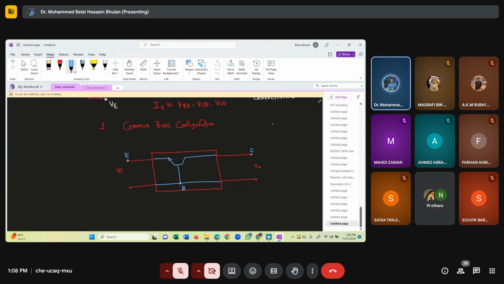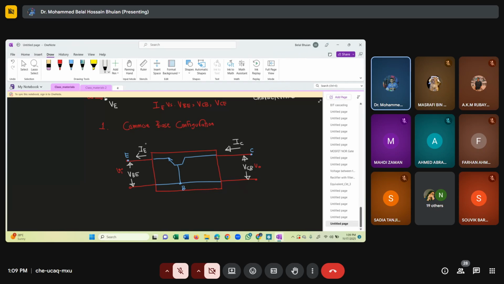Now in the input side, we have an input current, which is our emitter current, and input voltage, which is our VBE. Then in the output side, we have our collector current as output current and VCB as output voltage.